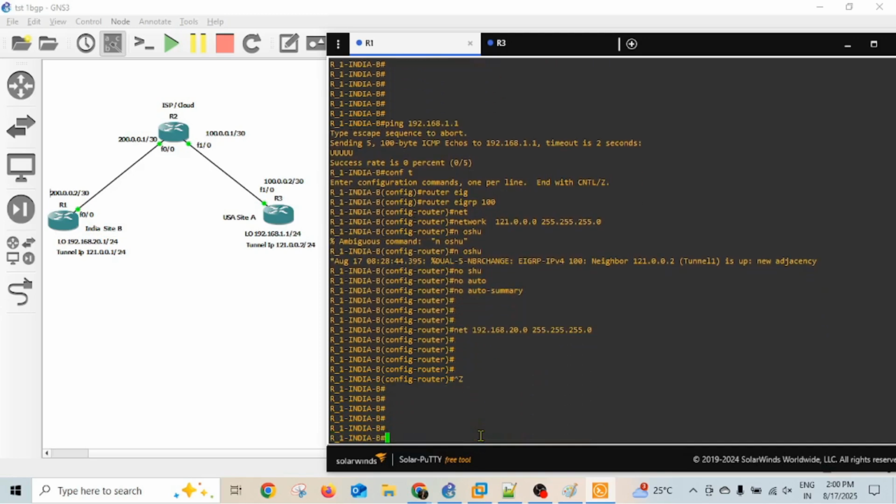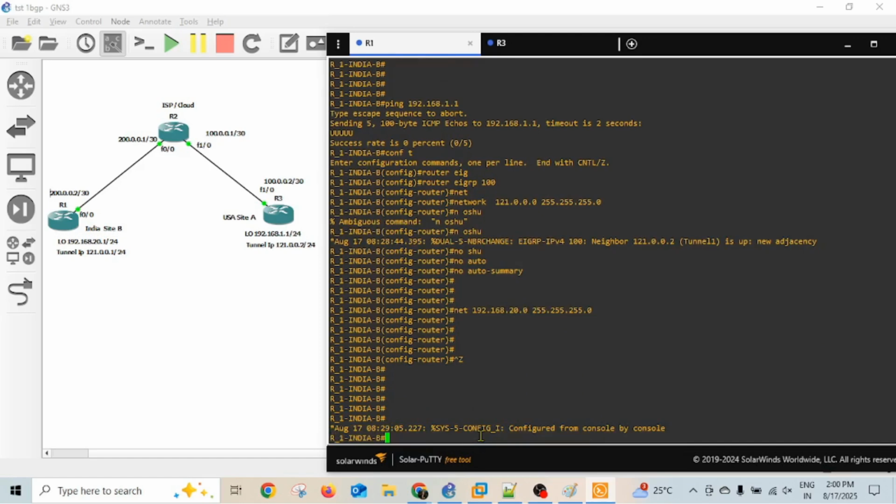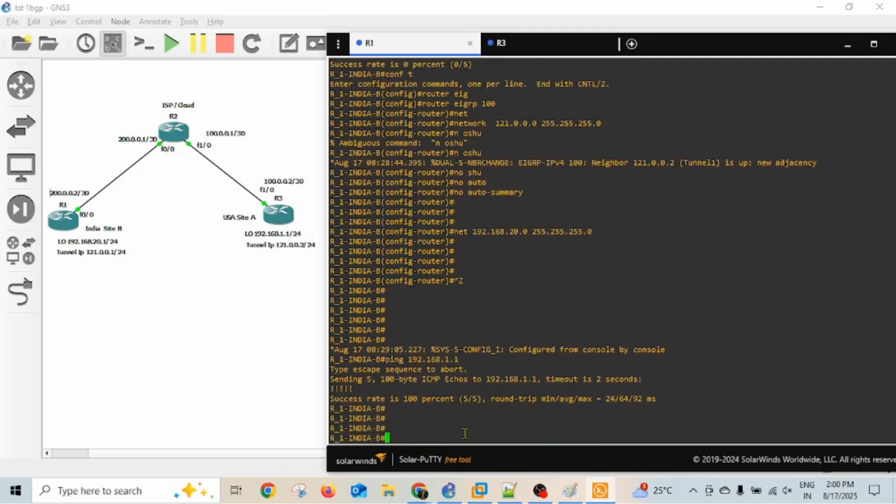So I believe now we can ping. It is ping. Yes. So ping 192.168.1.1. Now yes, it's pinging. Success rate is 100.